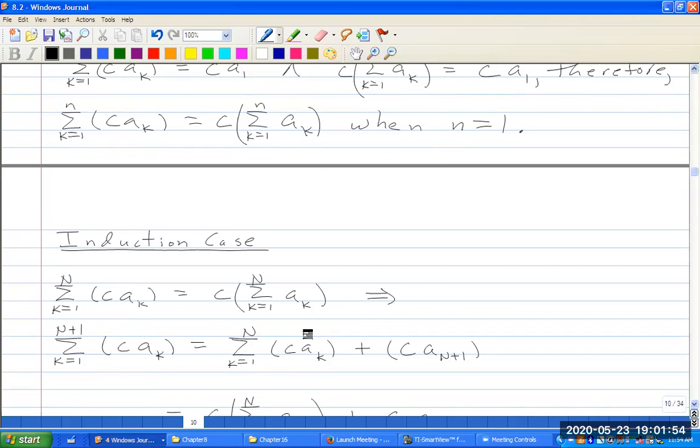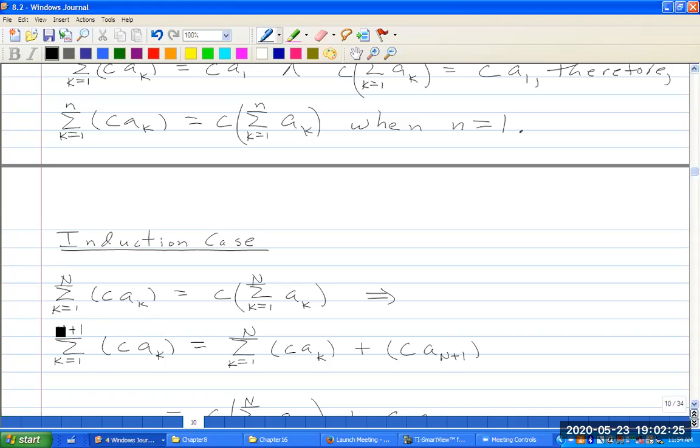Let's do the induction case. Suppose that this is true for capital N. So suppose for k equaling 1 to capital N, the sum of c a sub k is equal to c times the quantity sum k equaling 1 to capital N a sub k. Let's look what happens at the next term. So let's do the sum k equaling 1 to n plus 1 of c times a sub k.